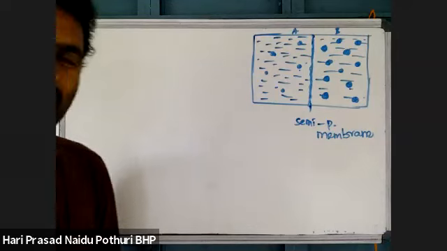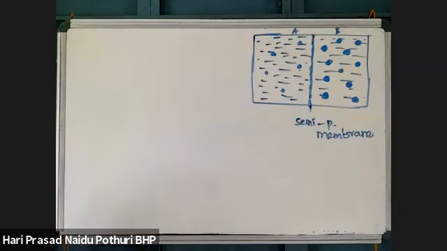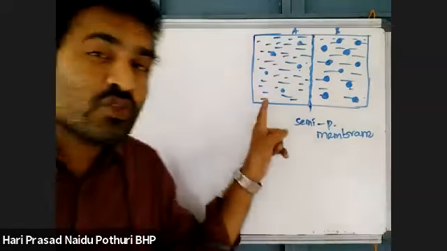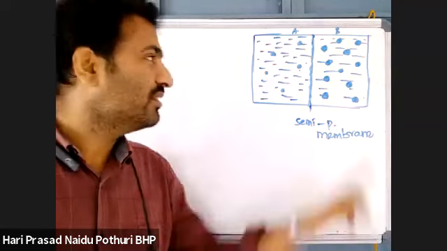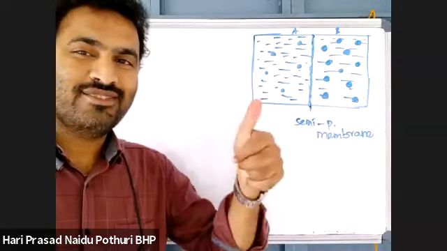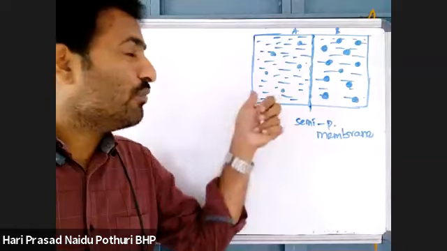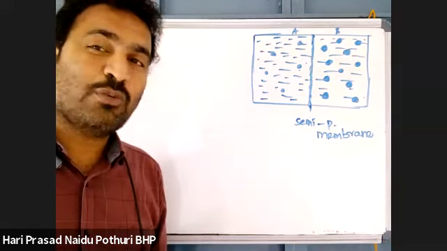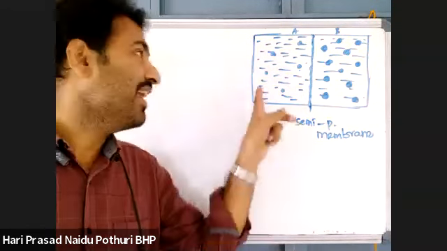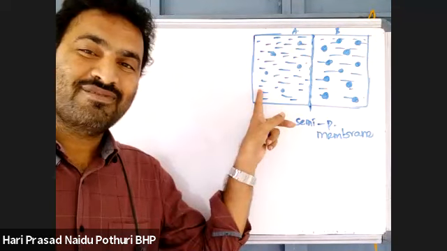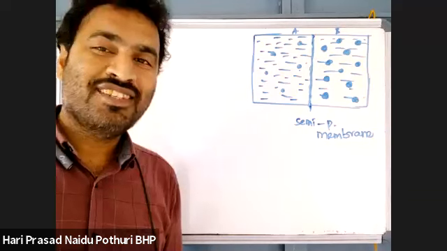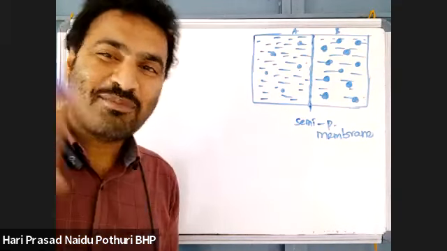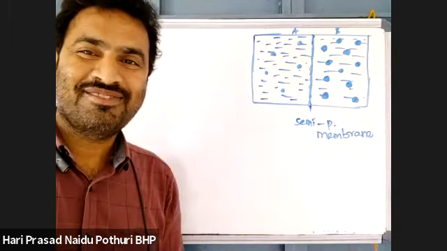Perfect, what a speed of answers. Okay, the solution of which chamber has more solute potential? B. Which has less solute potential? A. And what is the movement of water? I didn't ask the question, but the answer came.